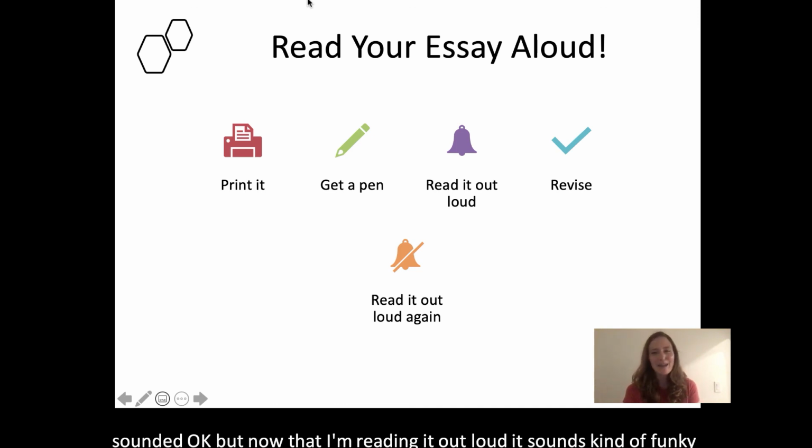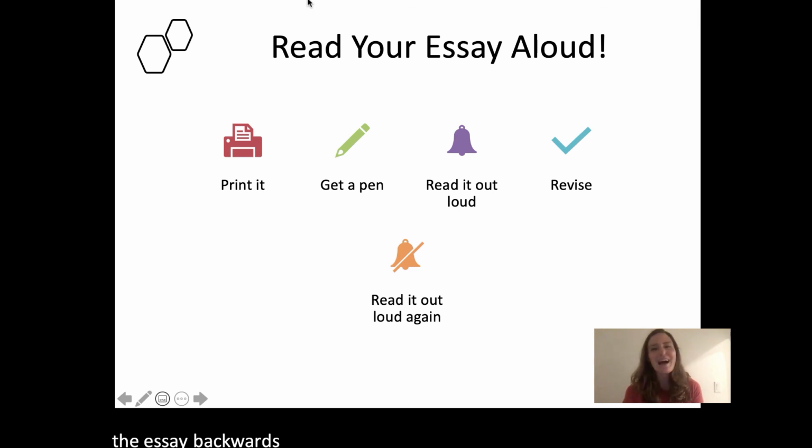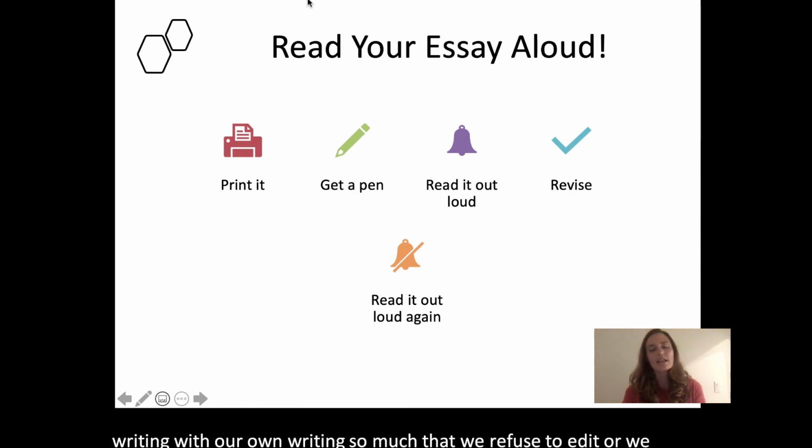I highly recommend this. Some people use the strategy of reading the essay backwards. That doesn't mean reading the words backwards. It means reading the conclusion and reading your last body paragraph. That's never really worked for me, but it works for some students. They find things that they wouldn't have found before. We don't want to fall in love with our own writing so much that we refuse to edit or we refuse to think of different ways of wording something.